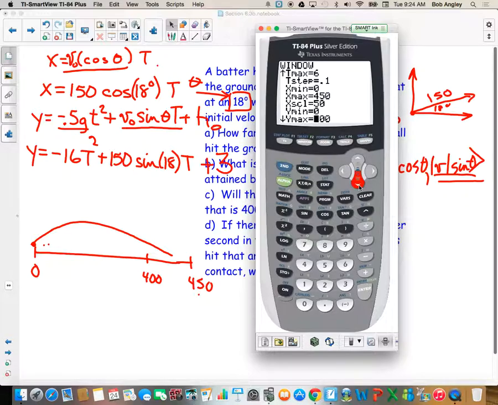And then for the y max, a baseball almost never goes as much as a third high to what it does out. Okay, and so I'm going to put here 150 feet, and probably we'll come back and change that to 100. I think the ball here only gets about 38 or 40 feet high, just from doing the problem from memory. All right, and so the scale on this, the 50 will be fine.